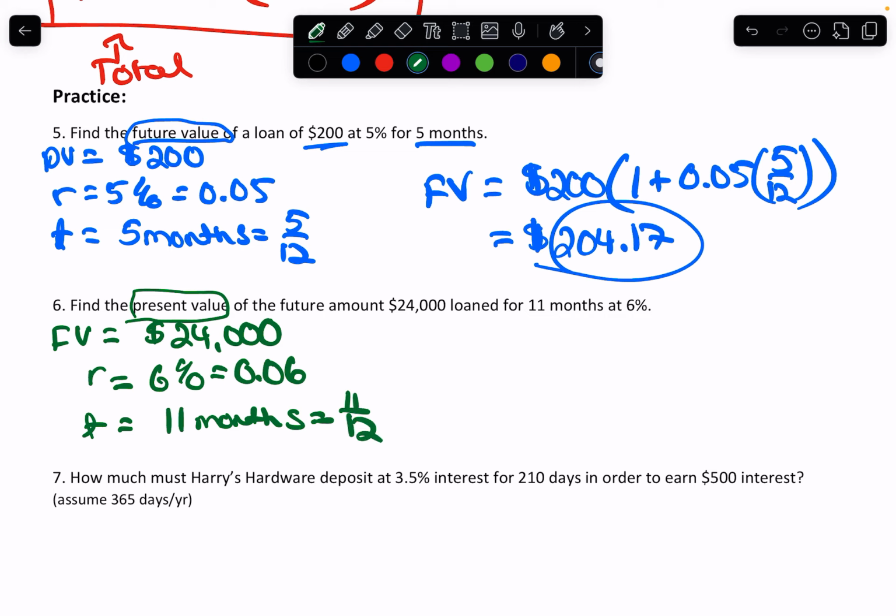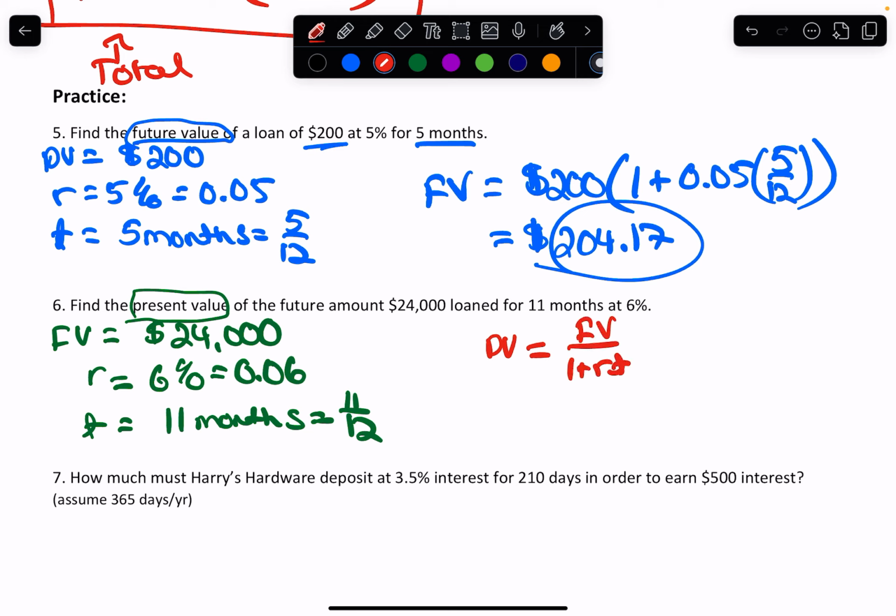Now, for your exams, you will get a formula sheet which will have all of these on there, and it will have this also: the present value equals future value over 1 plus RT.